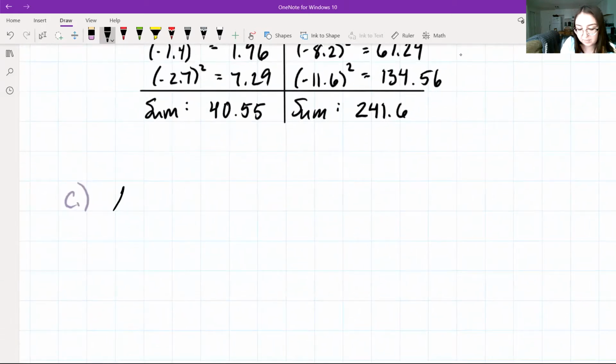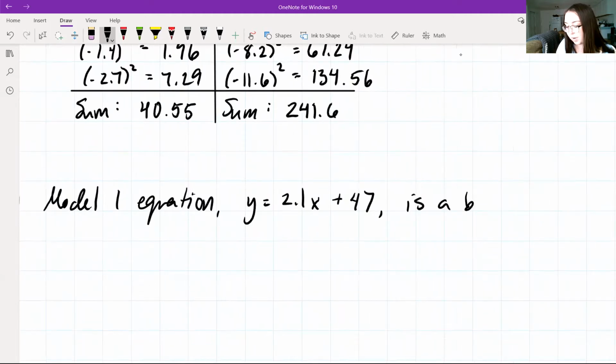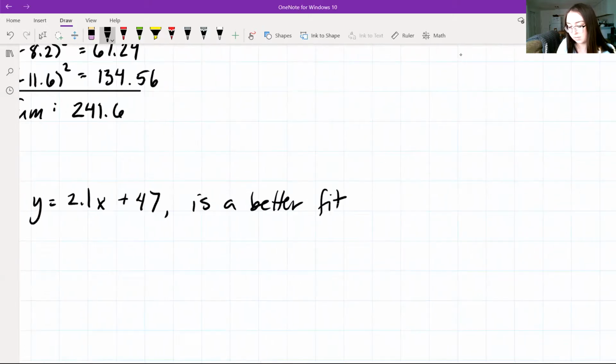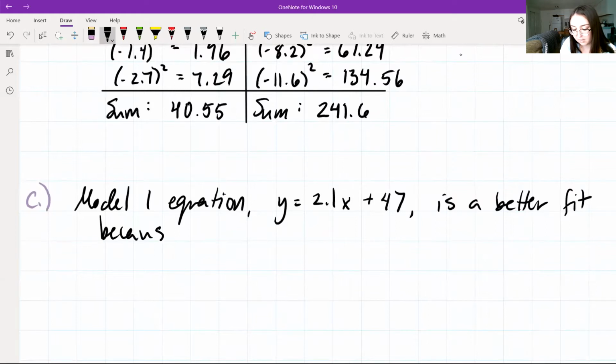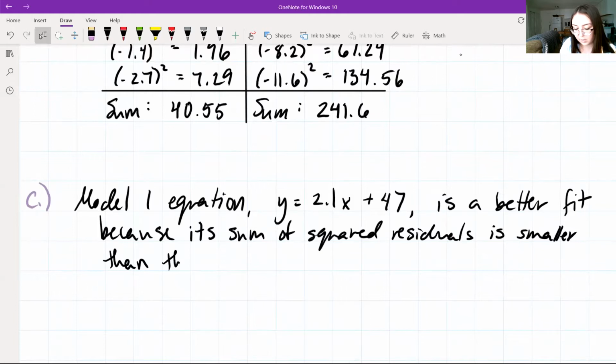So we can say Model 1 equation, which was y is equal to 2.1 times x plus 47, is a better fit because its sum of squared residuals is smaller than that of Model 2.